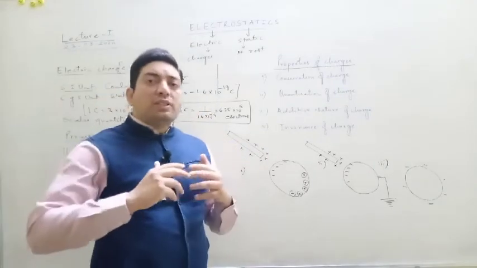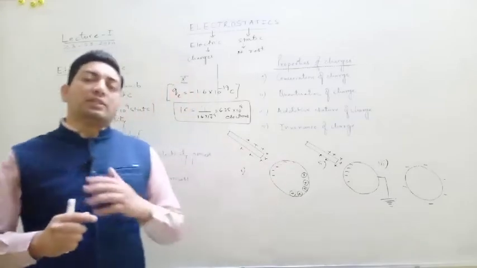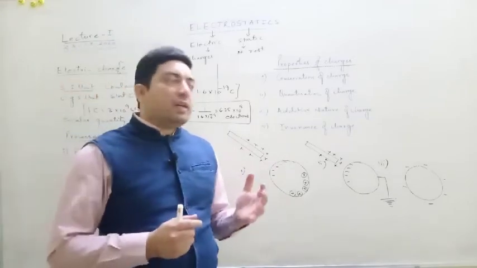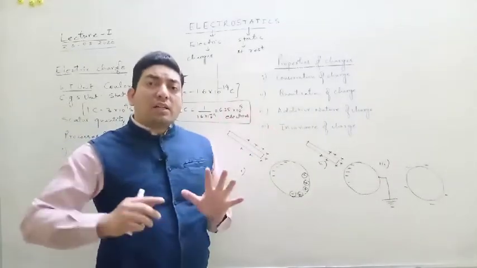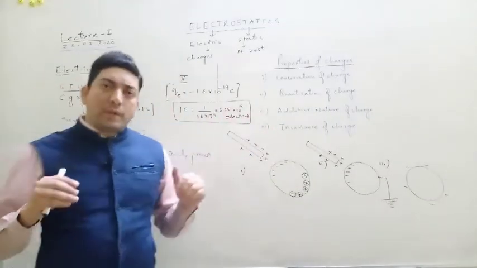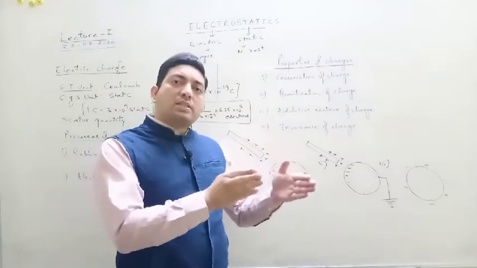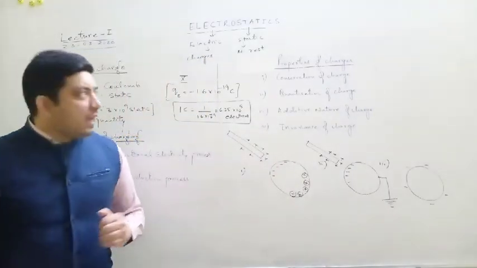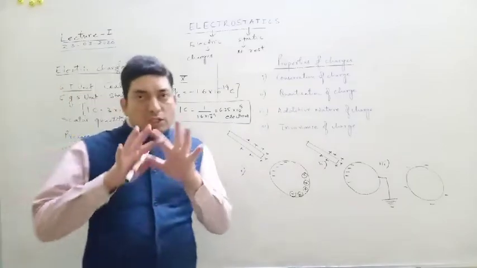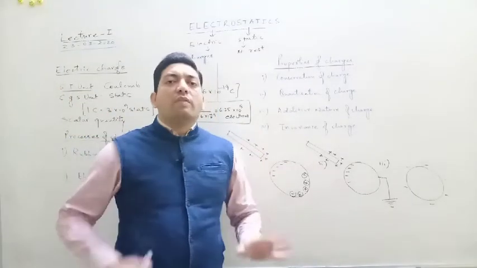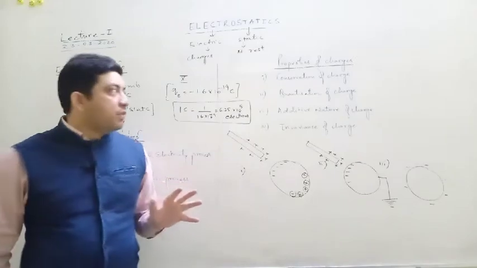So here charge is not getting created, charge is actually getting transferred. According to this property, conservation of charge, charge can neither be created nor destroyed. It can only get transferred from one body to another. This means the total charge of the system always remains constant or conserved.